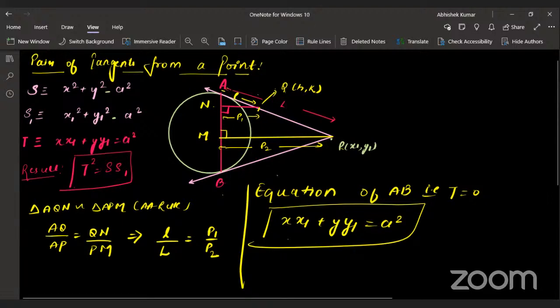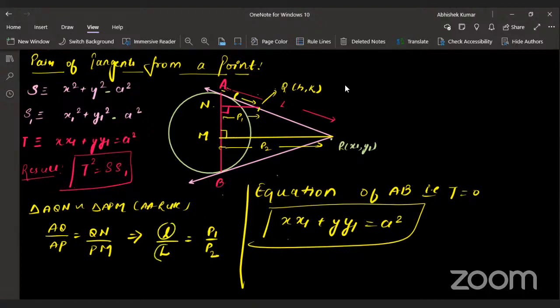We have to find out small l, capital L, P1, P2 in terms of x1, y1, h, k, or maybe the equation of the circle. What will be the length of small l? Or tell capital L for that matter.